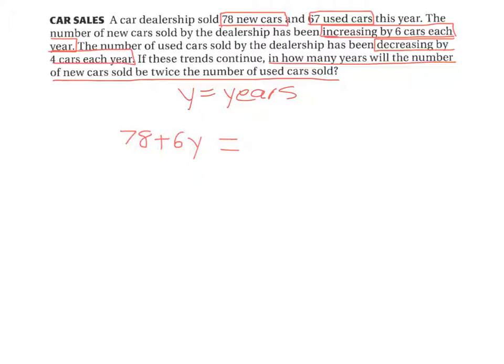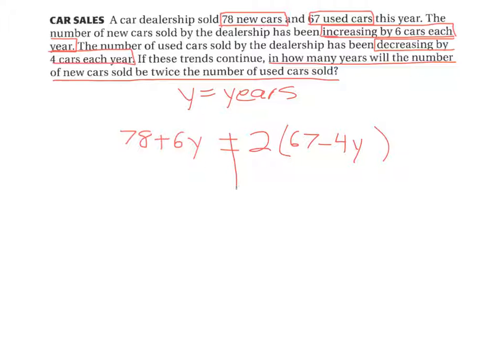So on the right here, we're actually going to take the number of used cars and multiply it by 2. And the used cars we can represent by starting with 67, because that's how many we sold this year. But the number of used cars has been decreasing by 4 cars each year. So we're actually going to subtract 4 times the number of years.